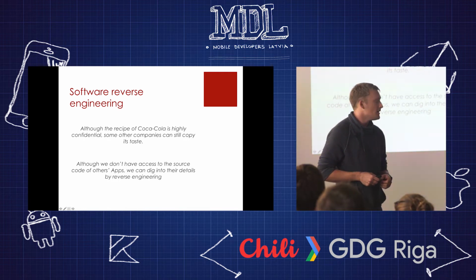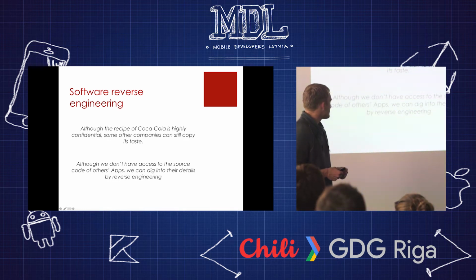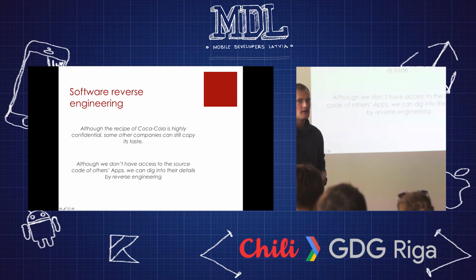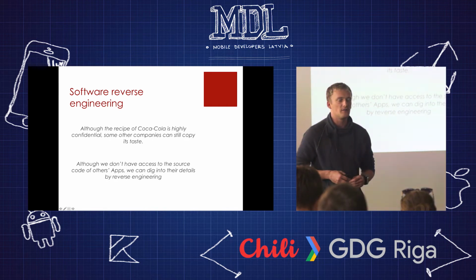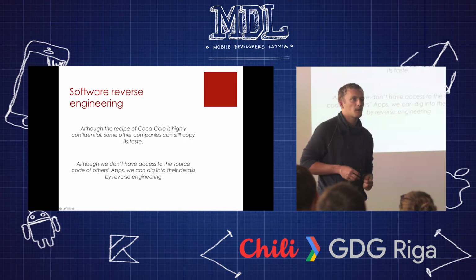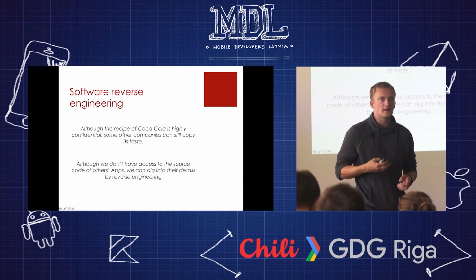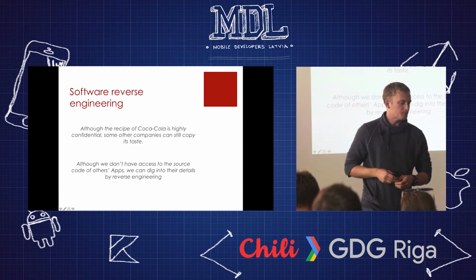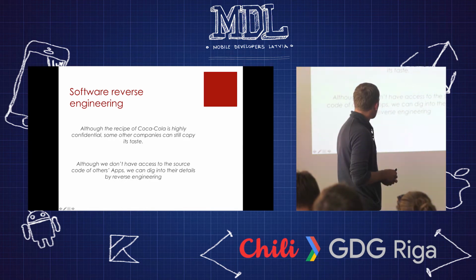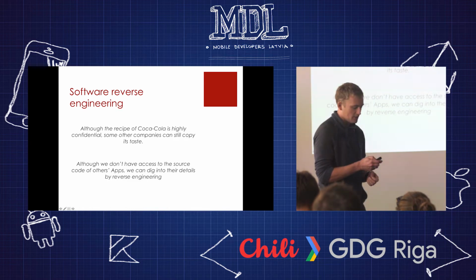Similar is with applications. Even if you don't have access to the source code, you can analyze the application, how it behaves, how it functions, what views it has, and then you can get a better knowledge of it, right? This is how application reverse engineering works.